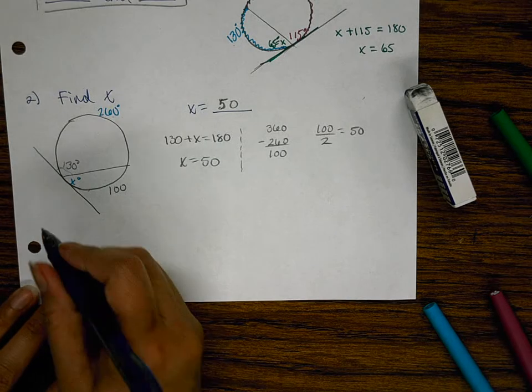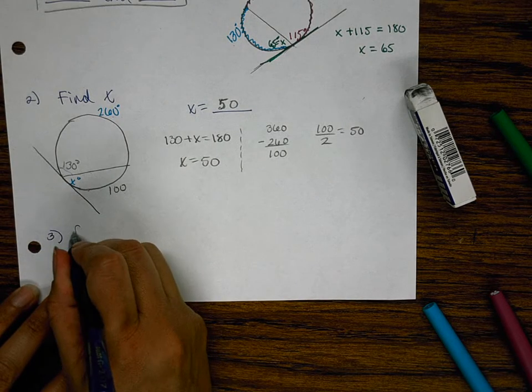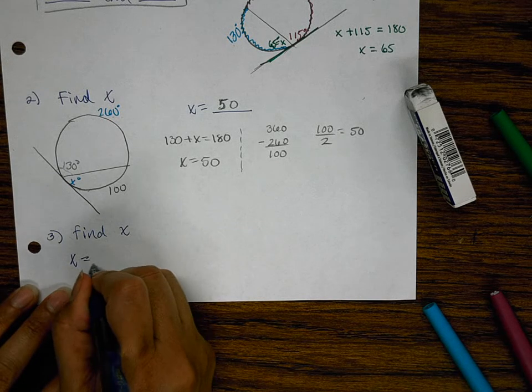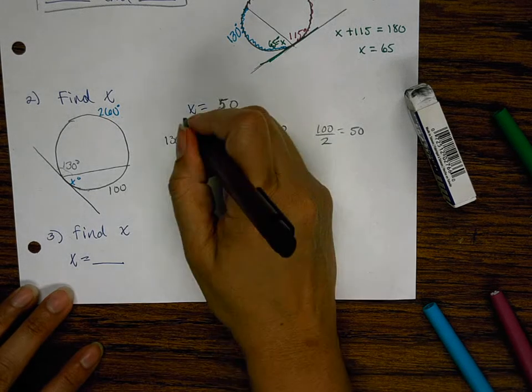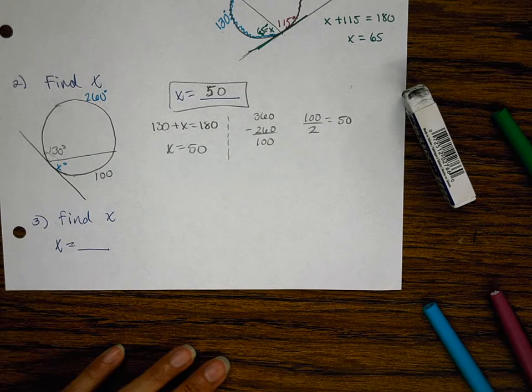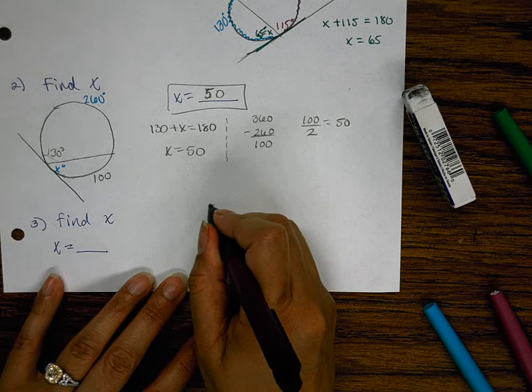Okay, number 3, find x. X equals blank. I'm going to come back and box that one in. Okay. We have our circle.